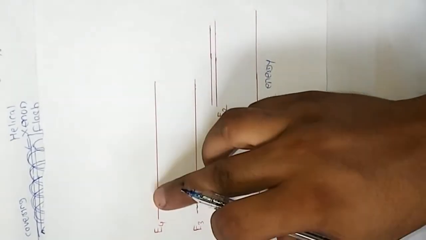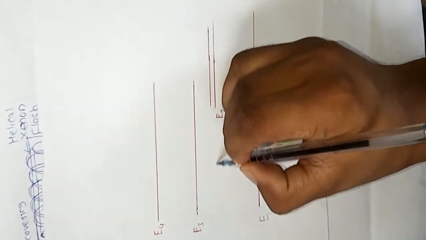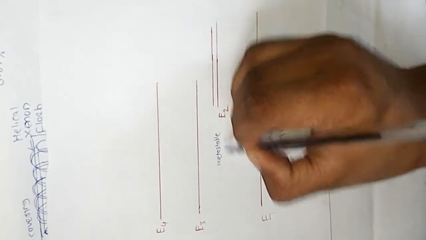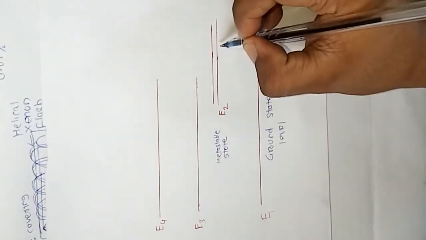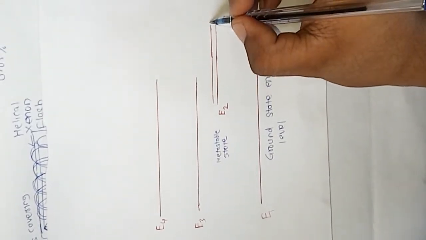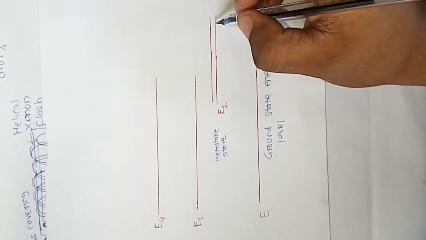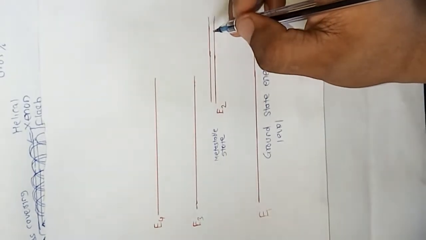E3 and E4 are excited state energy levels and E2 is a metastable state. This metastable state consists of two energy levels or a pair of energy levels.